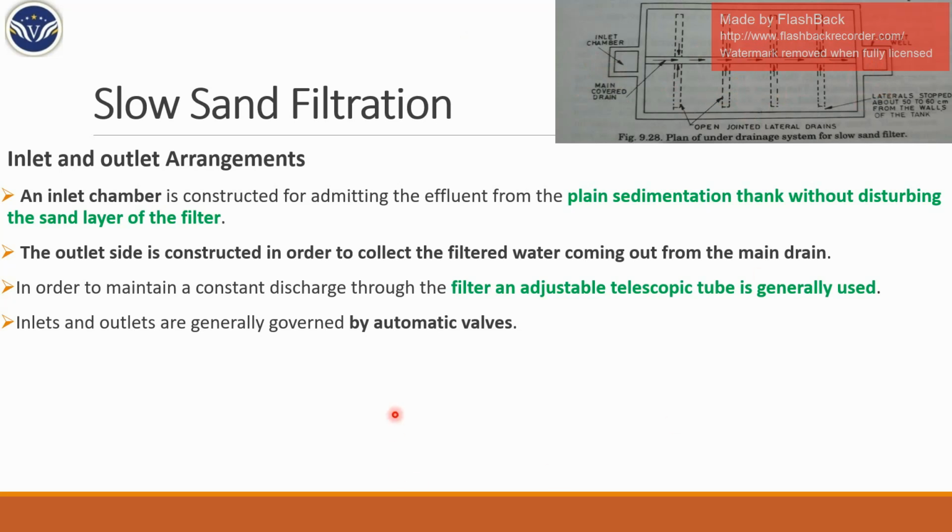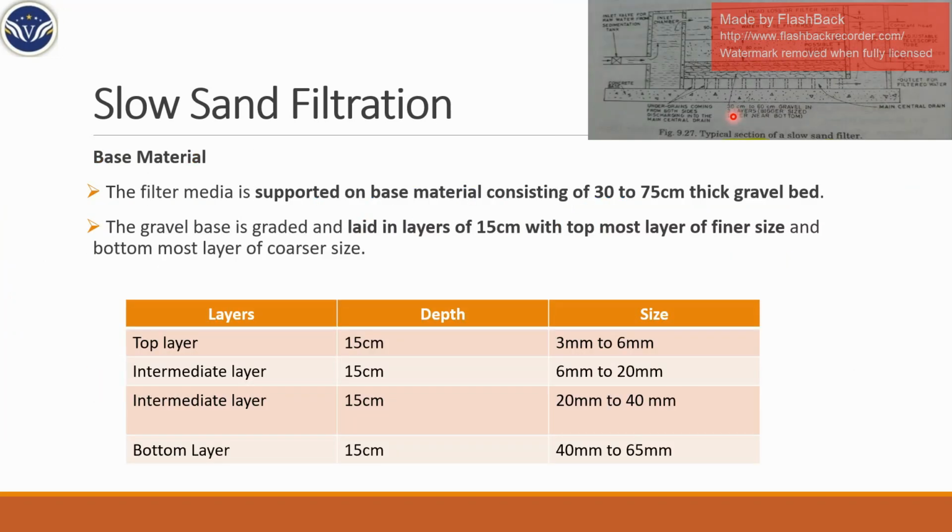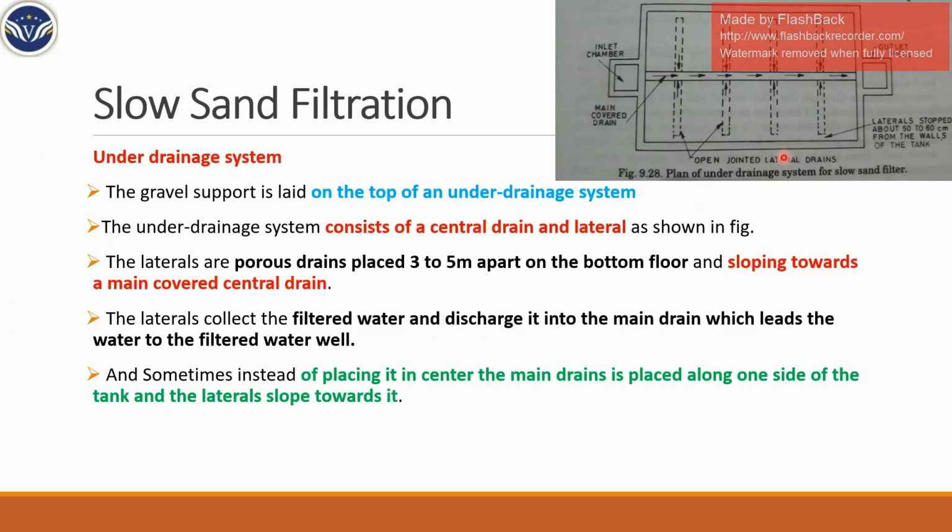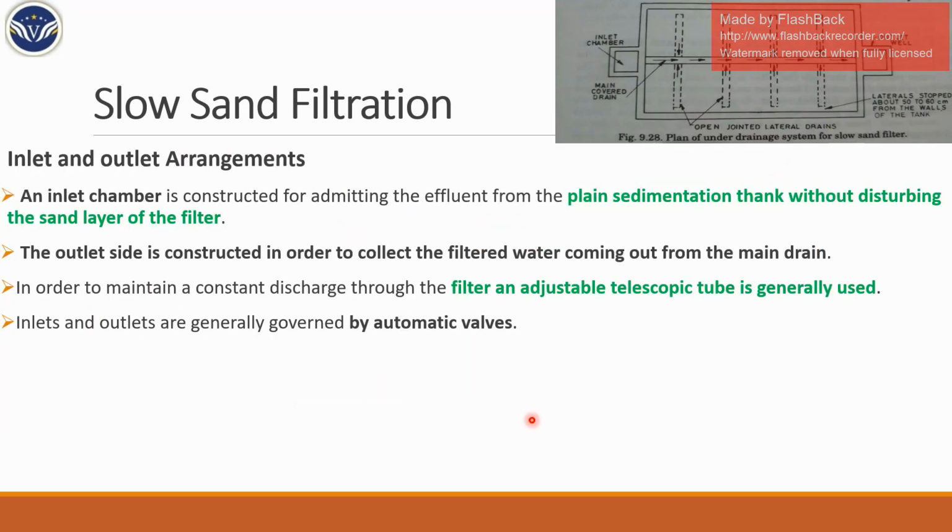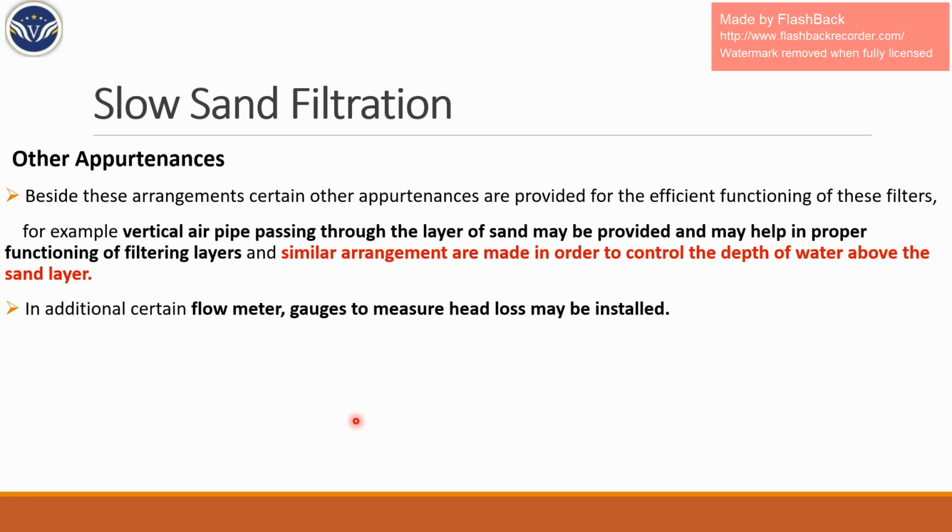The outlet is constructed to that of a main drain, and there is an adjustable telescope which is used to control or to have a constant discharge. We can see in this diagram an adjustable telescope over here, and we have automated valves which control the discharge of inlet as well as outlet.